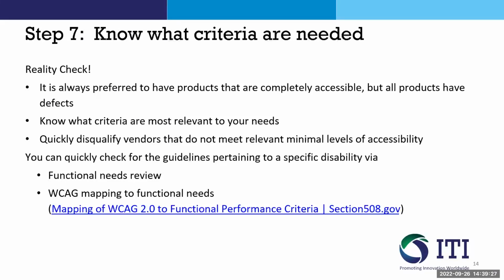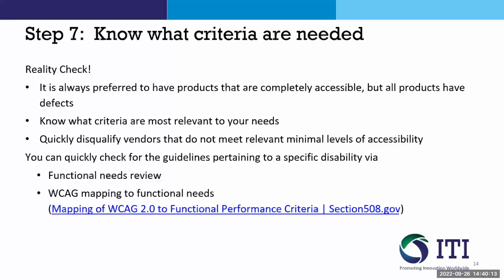So what you need to ask and what you need to know is, what criteria are the most relevant to the needs of your users and or of your department, of your people. If you have a large population with a certain type of disability, then you really need to look at those criteria that are listed. And there is a link that has mapping of WCAG 2.0 to functional performance criteria on section508.gov that you can use.